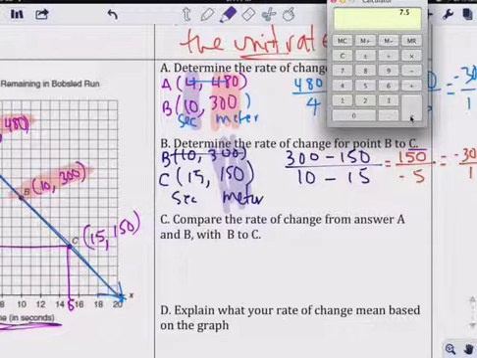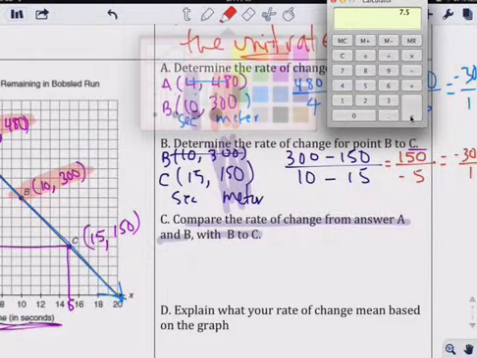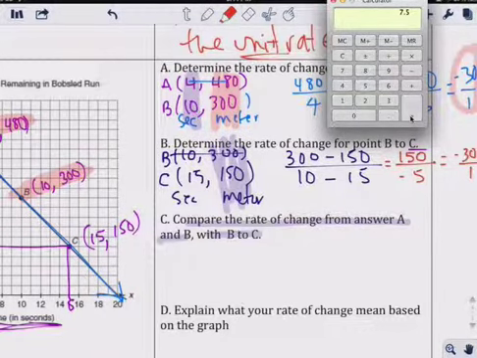Compare the rate of change from A to B and B to C. A to B, our first answer, was negative 30 over 1. Second answer, the same.